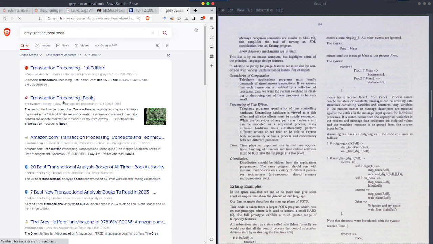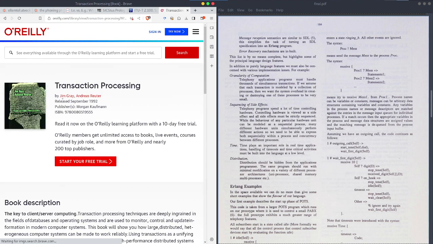This one here is a really nice book, and it was written by Jim Gray. The first time I read it was like 5 years ago, so I was already doing some Erlang stuff on my side. But each time I was reading a part of this book, it was really similar to Erlang.